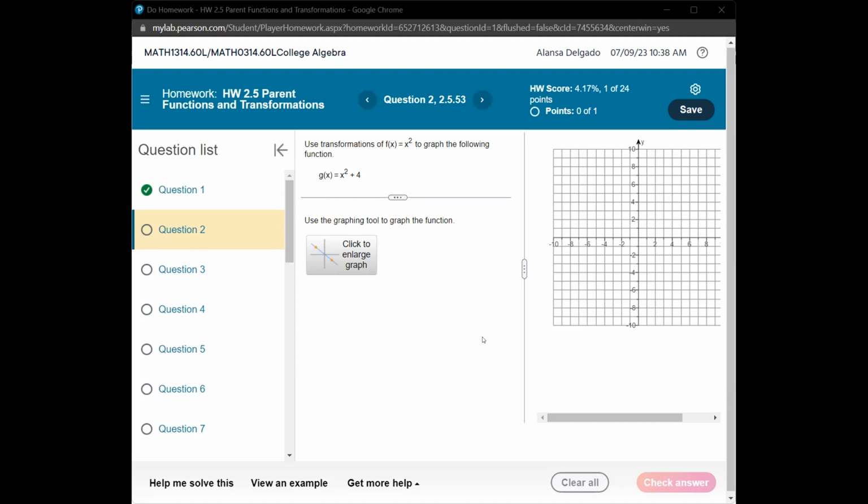All right. So the graph of f of x equals x squared, or what you would probably feel better doing, is just y equals x squared, and then y equals x squared plus 4.